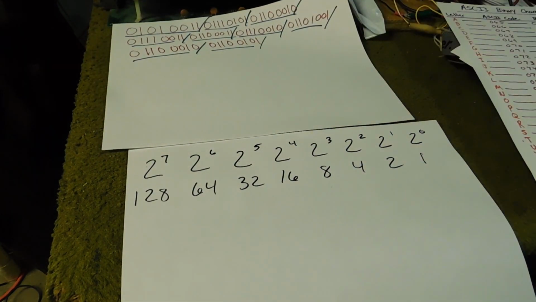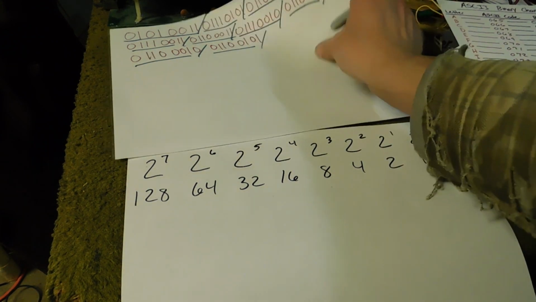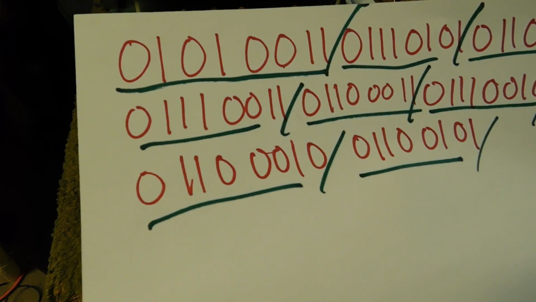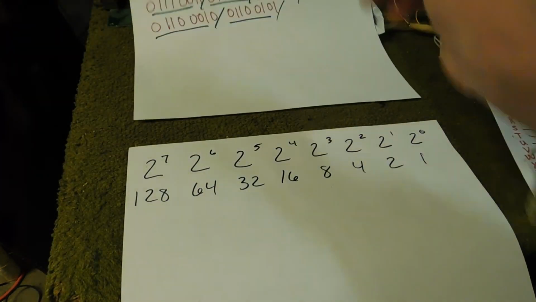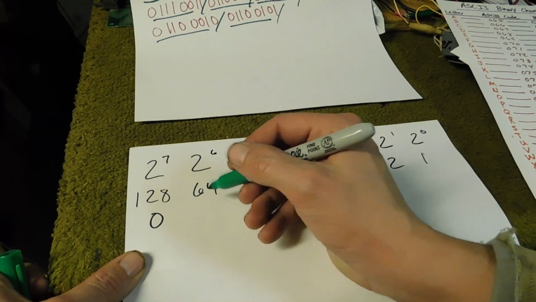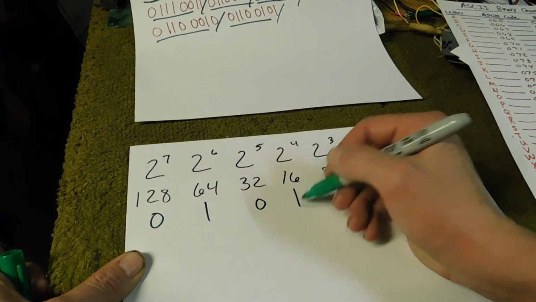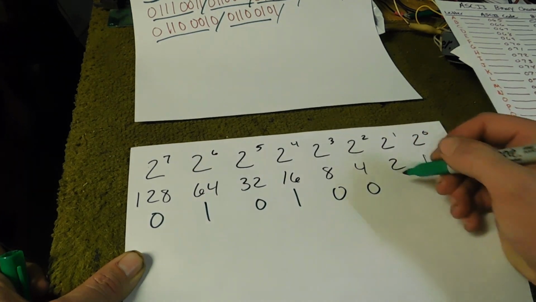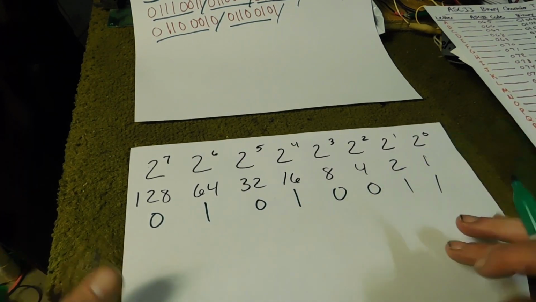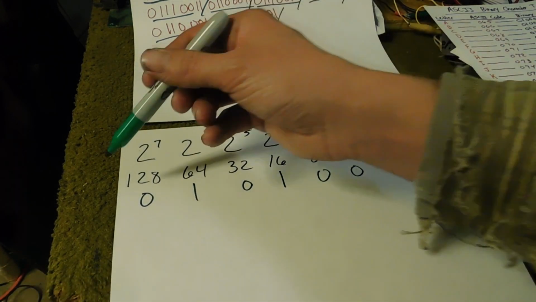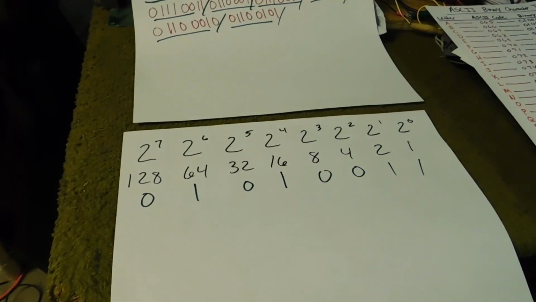So our first 8 bits is 0, 1, 0, 1, 0, 0, 1, 1. And remember, we're multiplying these, okay?